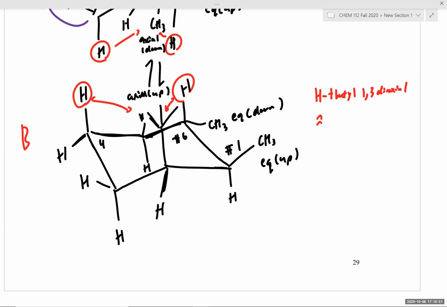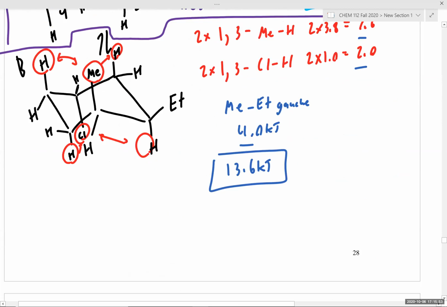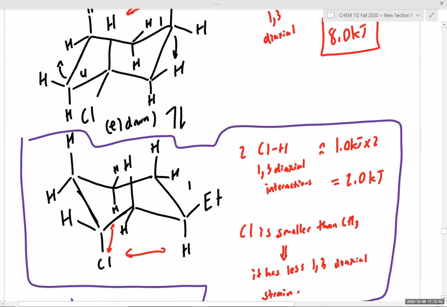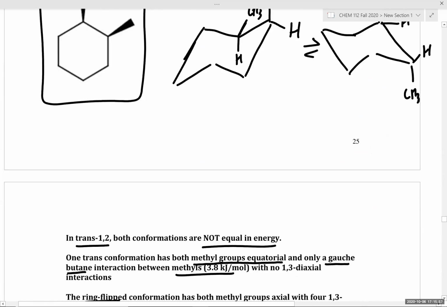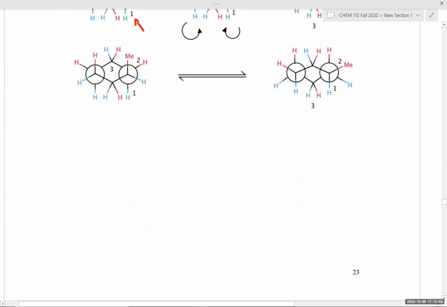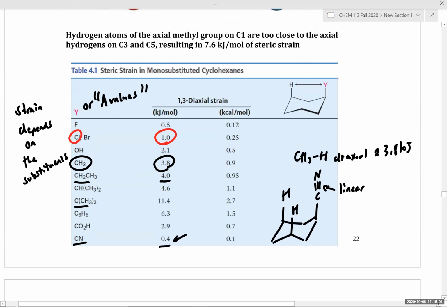So looking at our notes, remember when I gave you this table of A values, checking all the way at the beginning of the note set for this discussion, we see that a T-butyl group has a 1,3 diaxial strain value of 11.4.